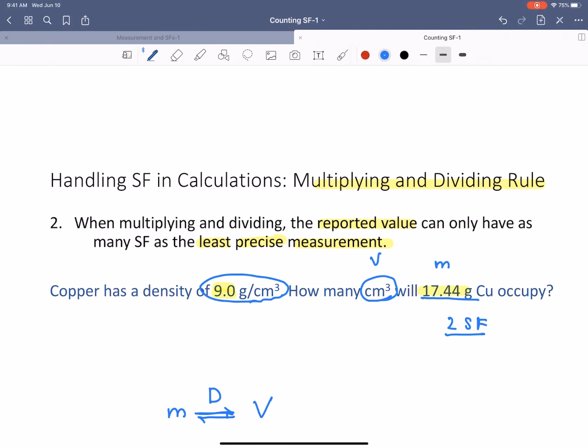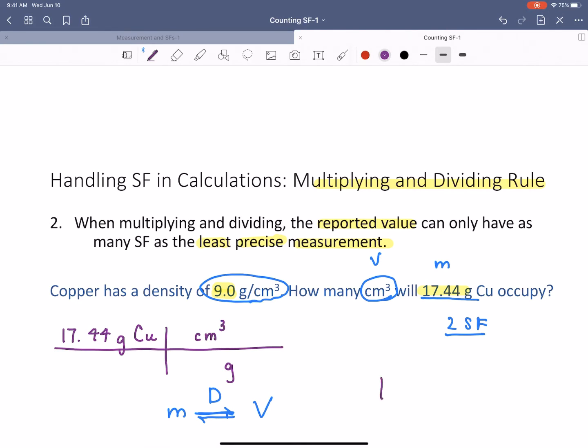So I'm going to start with my starting value, 17.44 grams. How do I know to start there? Because I have both the number and units. And then I'm going to use density in a way that the grams cancel, and I end up with cubic centimeters on the top.